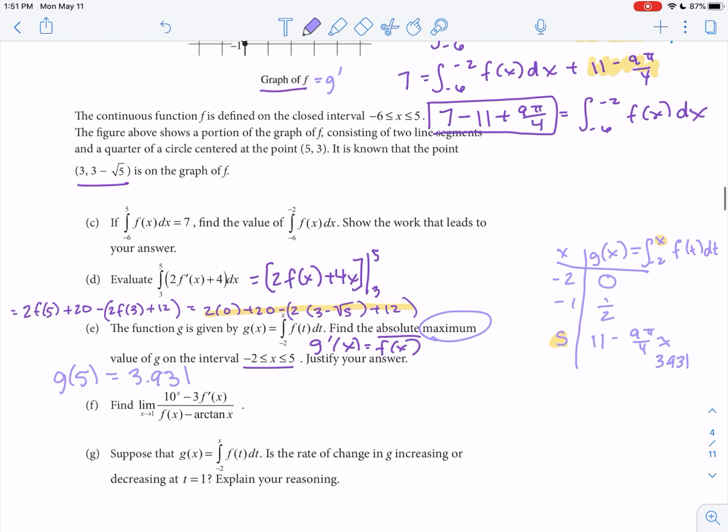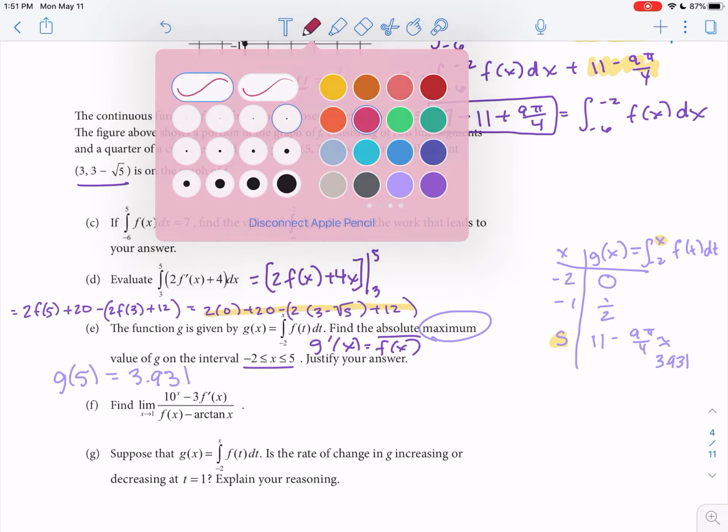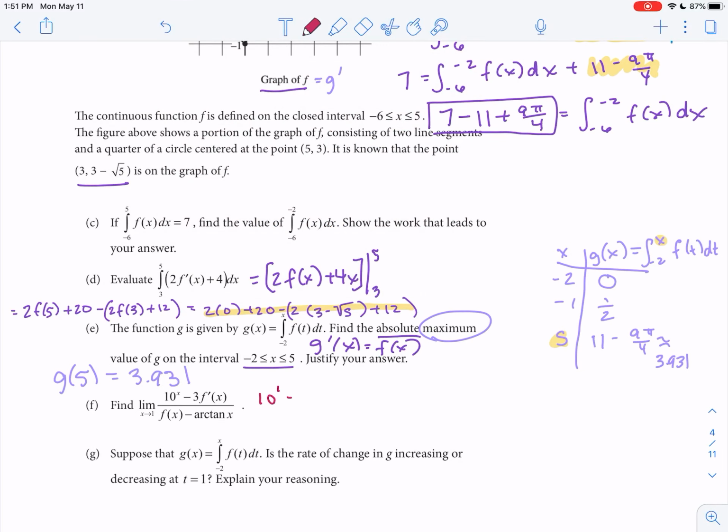All right. Part F, find the limit as x approaches 1 of this fraction here, this rational piece. Let's start by just plugging in 1 for everything. I've got 10 to the 1 minus 3 times f prime of 1, all over f of 1 minus arctan of 1. 10 to the 1 is 10.